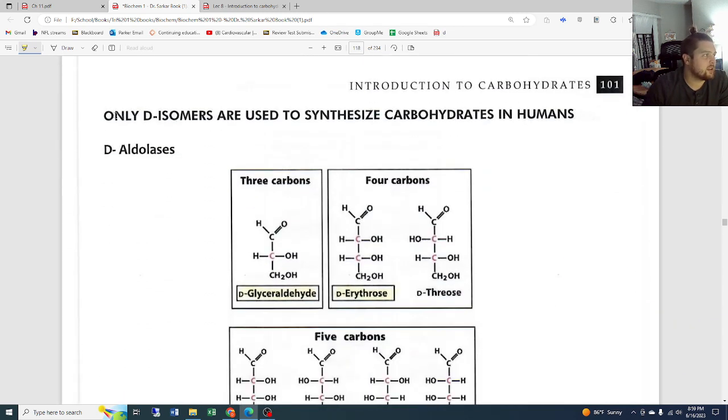Here we go. Only D isomers are used to synthesize carbohydrates in humans. D isomers. Okay, so real quick.